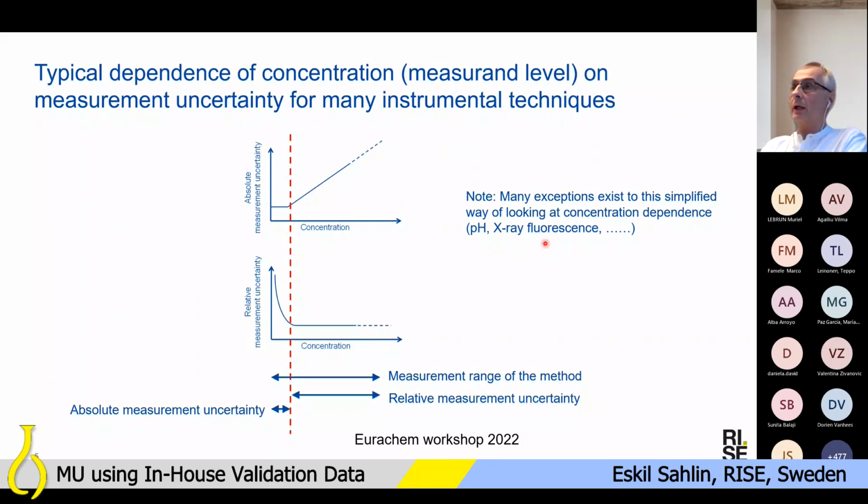It depends a little on how you evaluate your data, but typically you will have a more complicated concentration dependence like this. And there are other examples also that you will come across when you start to look at this for many different methods. And sometimes it might also be appropriate to divide this large range here into smaller ranges to better describe the real uncertainty of your method.